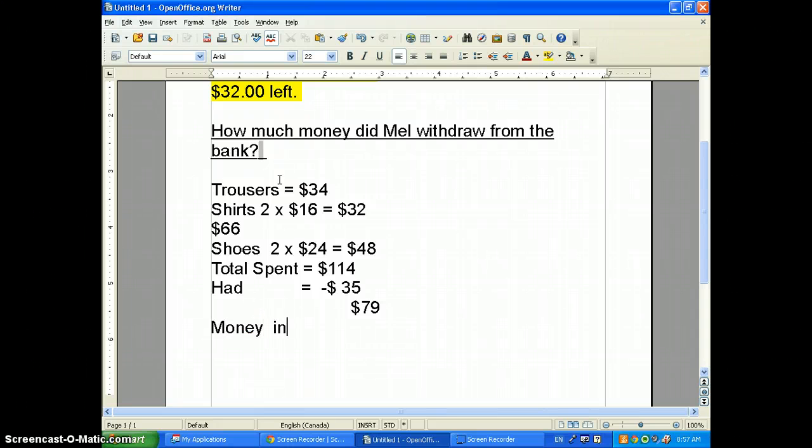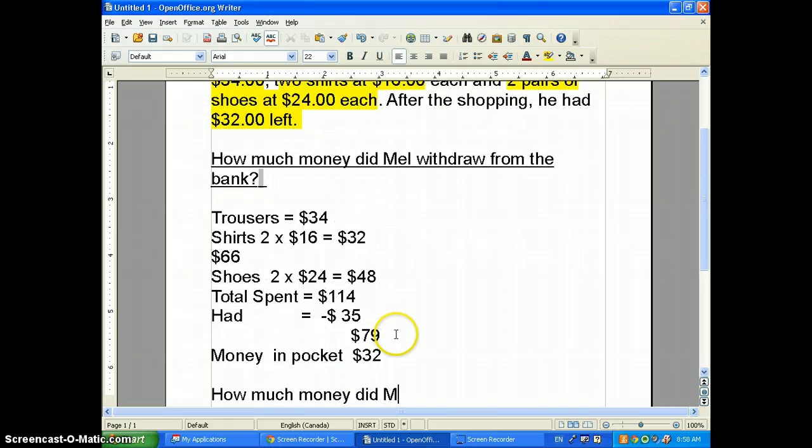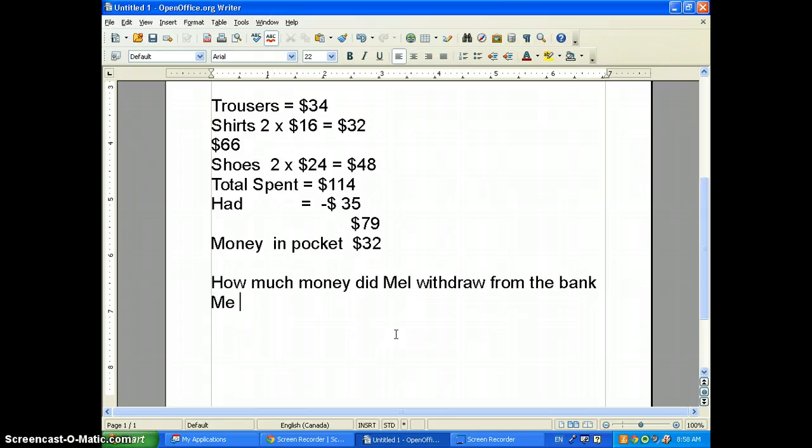Money in pocket was $32, and that's going to equal how much money Mel withdrew from the bank.